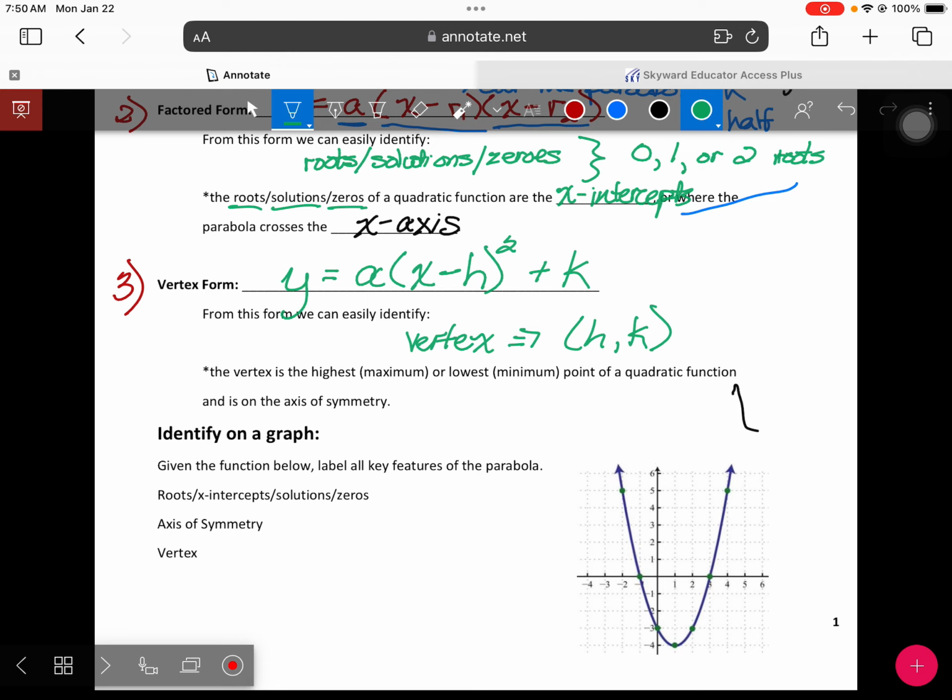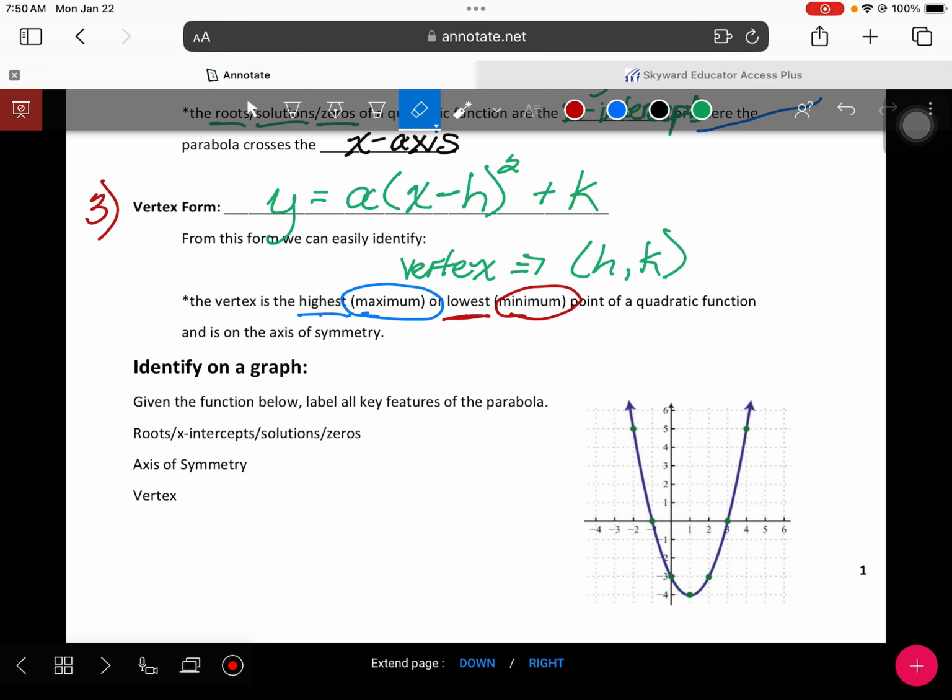Okay. So then it says the vertex is the highest, and when it's the highest, it's called the maximum, or the lowest. When it's the lowest, it's called the minimum point of a quadratic function. It's either the highest or the lowest.